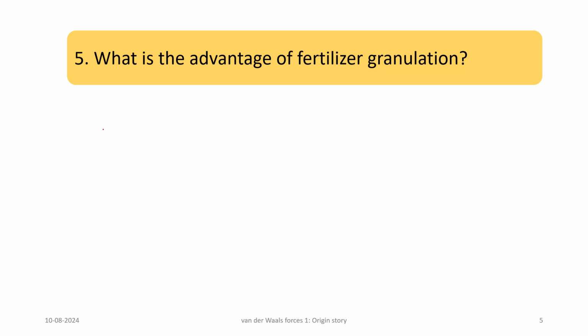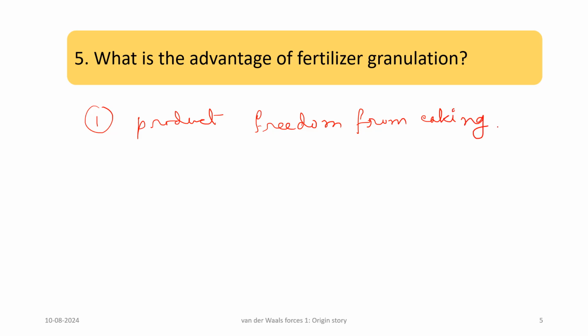If we do fertilizer granulation, that will help in product freedom from caking. That means they will not form a lump if we do the granulation. The fertilizer will not form a lump.